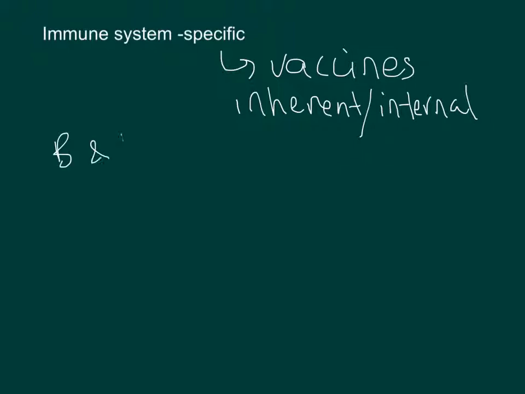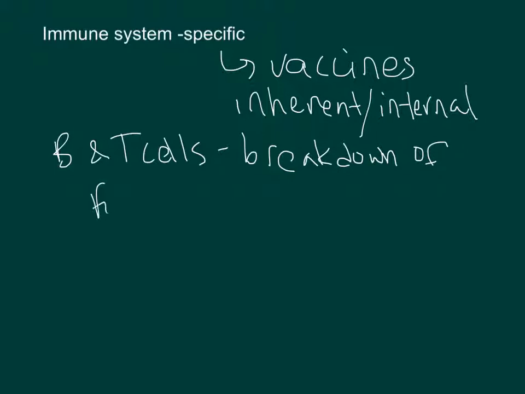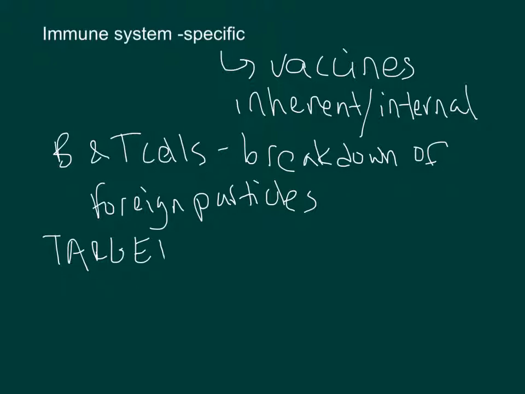These are specialized cells that have to do with the breakdown of foreign particles. By specific, it's targeted. It means it only looks at that one kind of deal. It can't protect you against anything, but only a couple different things.